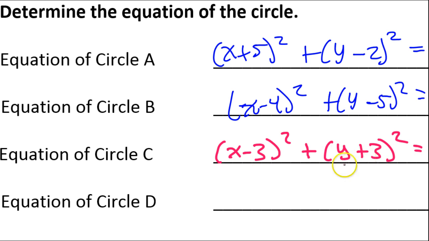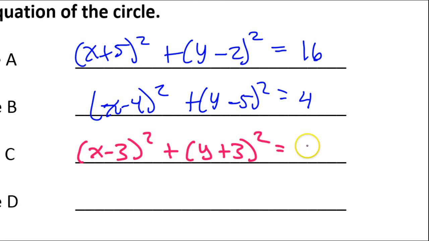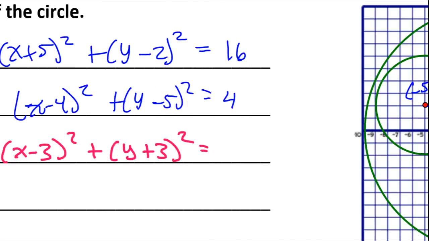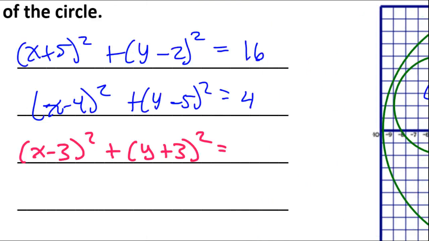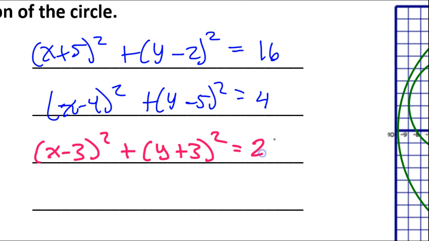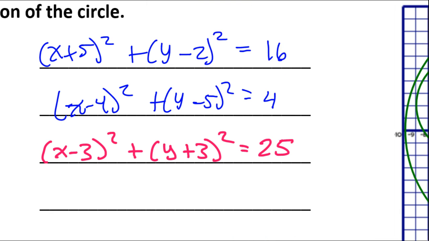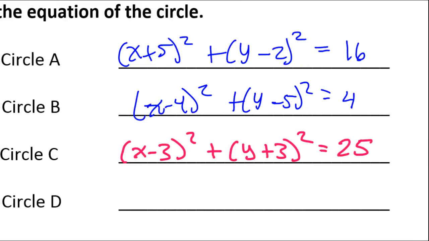Okay, because it's got to be the opposite of both of these. Now here we just need the radius squared. But the radius is 1, 2, 3, 4, 5. So since the radius is 5, right here we will have 25. So that's it for circle C. Now how about circle D?